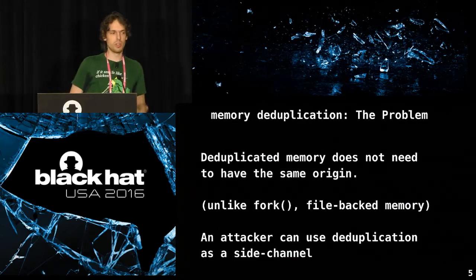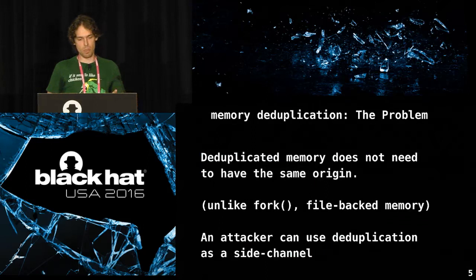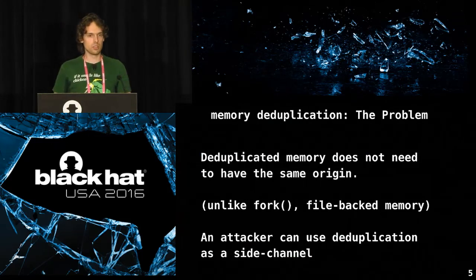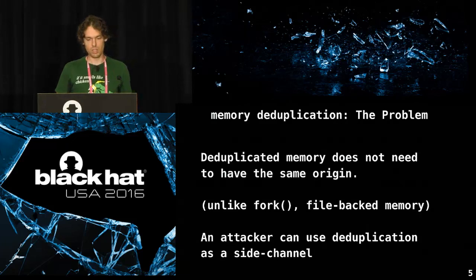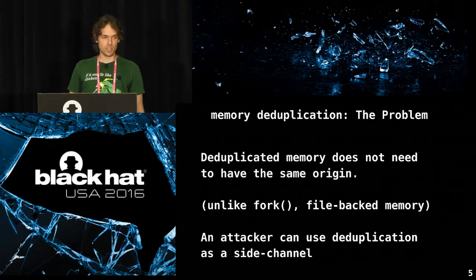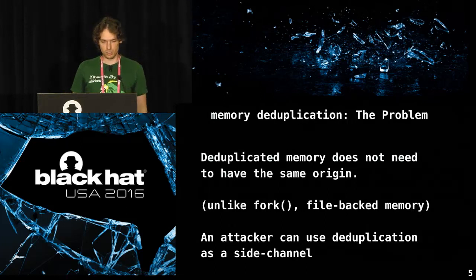The main problem is that, unlike other methods of reusing the same data in address space, like fork or file-backed memory maps, the deduplicated content doesn't have to have the same origin. And this opens the way for an attacker to use deduplication as a side channel attack.